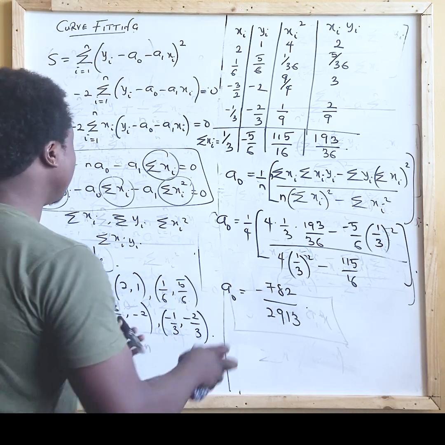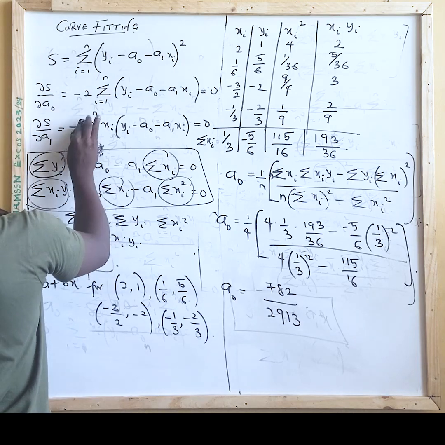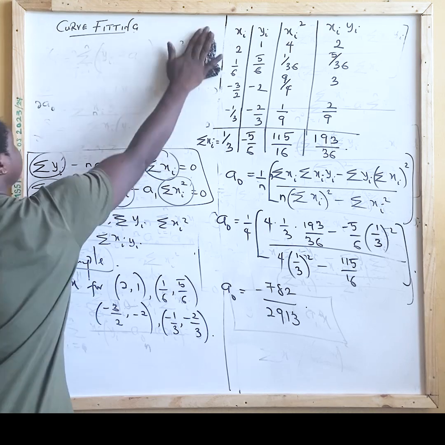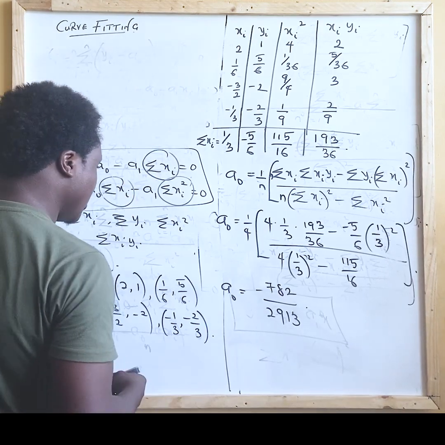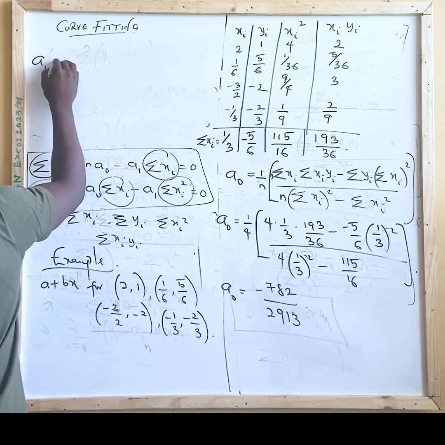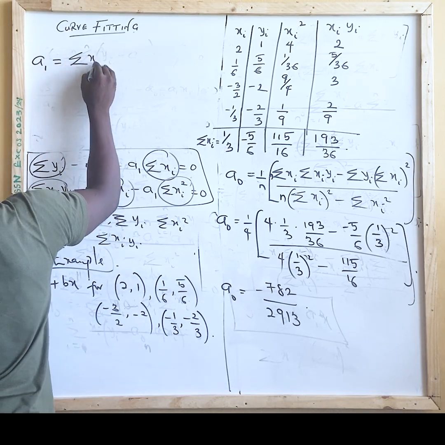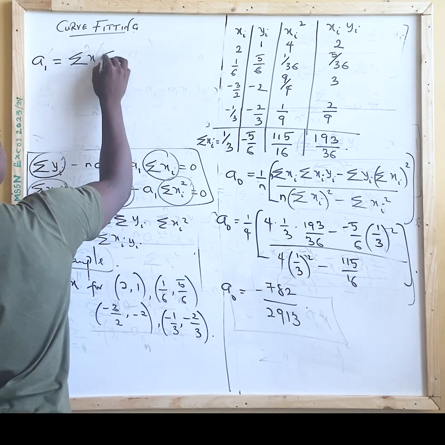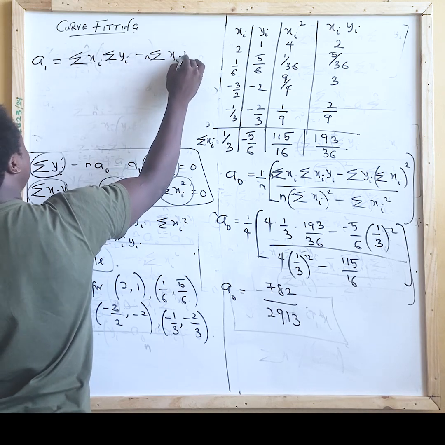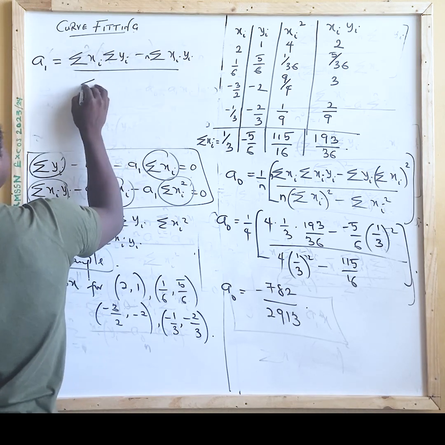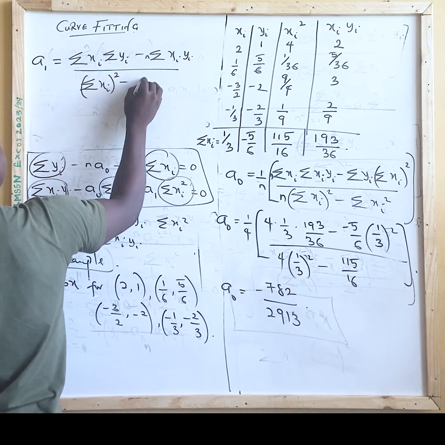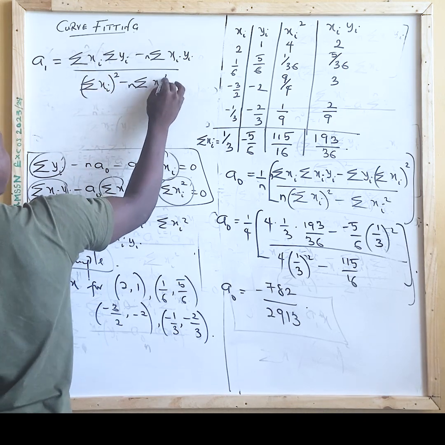Okay, so let's finish this one. This is our a naught. It remains a1. So what's the formula for a1? I can't remember. So a1 is summation xi summation yi minus n summation xi yi, over summation xi all squared minus n summation xi squared.